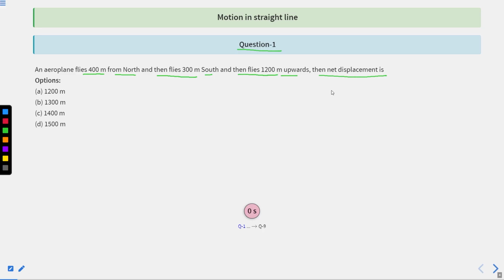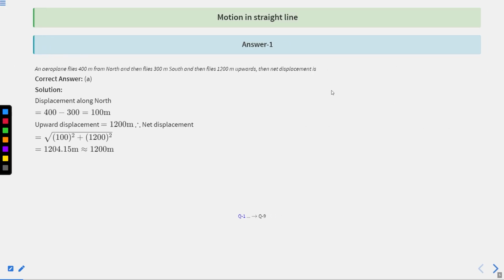Let's find the solution. So the aeroplane flies 400 meter from north, then flies 300 meter south, then flies 1200 meter upwards. Then the net displacement is, we can calculate displacement along north: 400 minus 300, which is 100 meter.